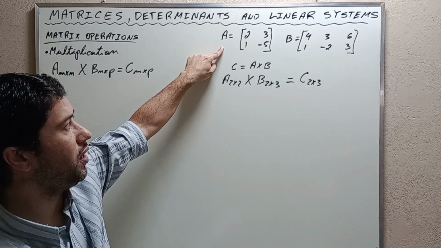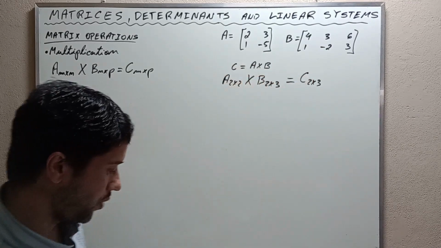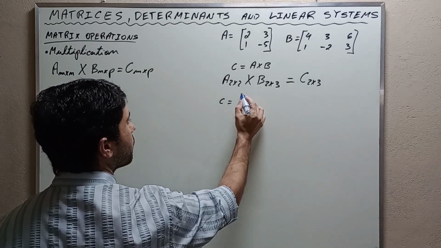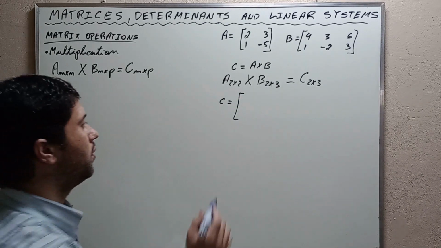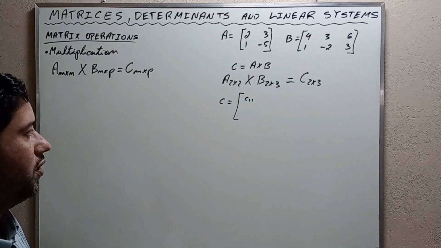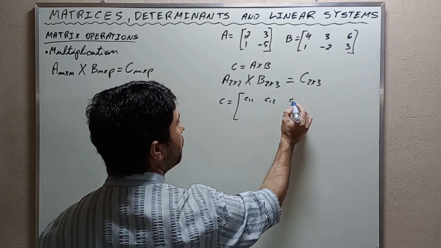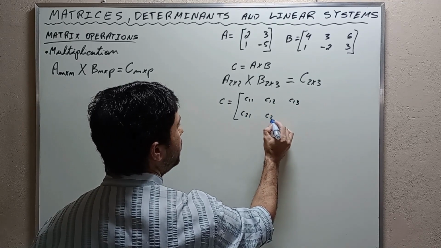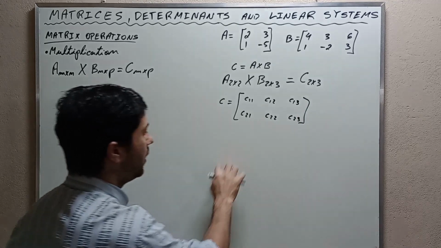If matrix A is this matrix and matrix B is this matrix, matrix C will be, as we saw, a 2 by 3 matrix, having entries C11, C12, C13, C21, C22, C23, okay?